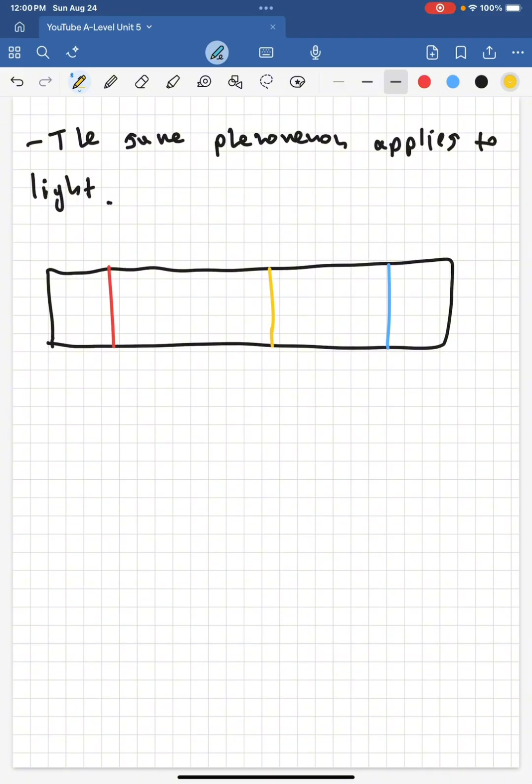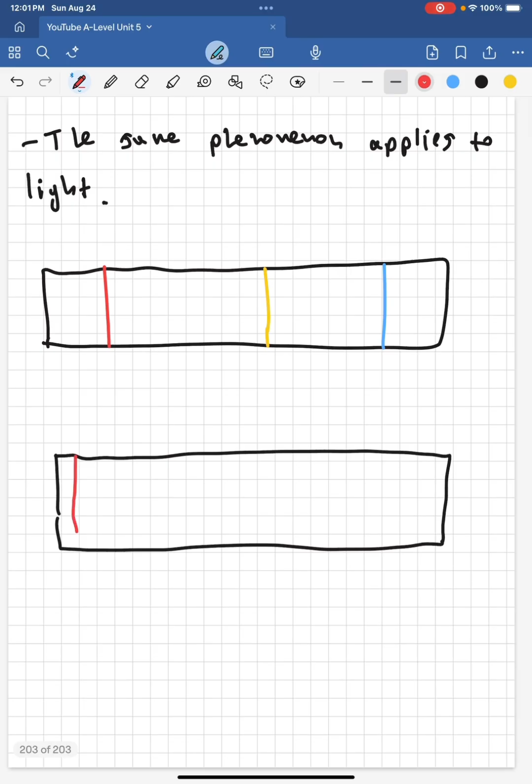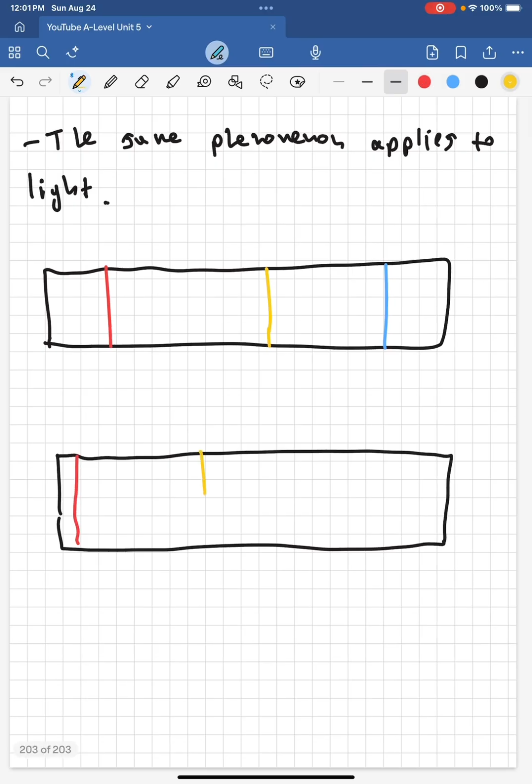Okay, then if we receive the spectrum, maybe this is the spectrum of light here in the lab. So this is what you observe from hydrogen emission lines, for example, here in your laboratory here on Earth. Then what's going to happen if the star is moving away from us is what is called the redshift. So the red will move down here, the yellow will move down here, and the blue will move down here.